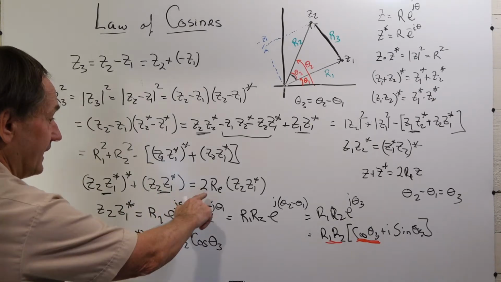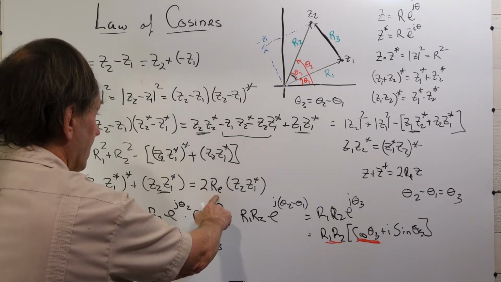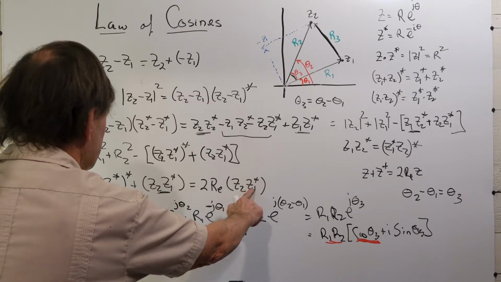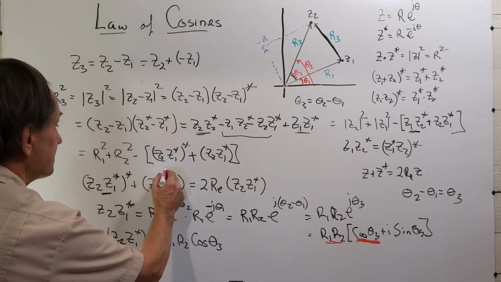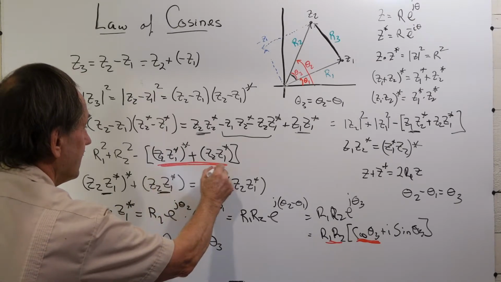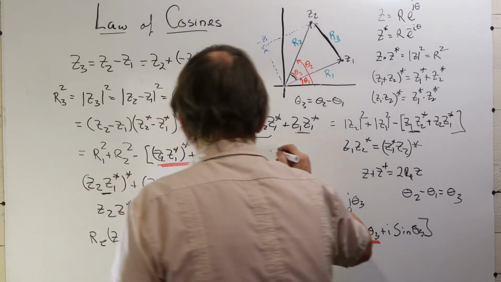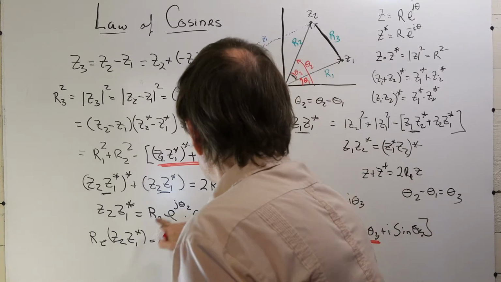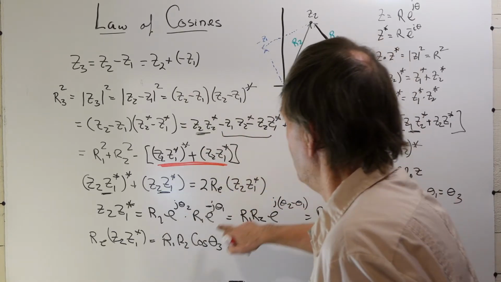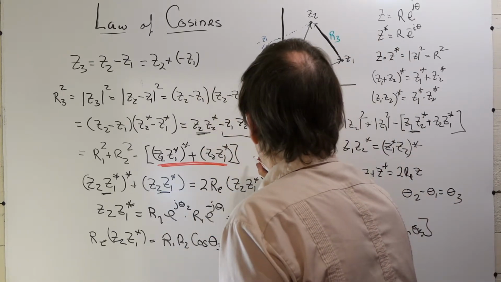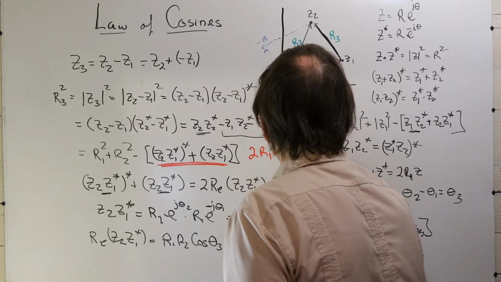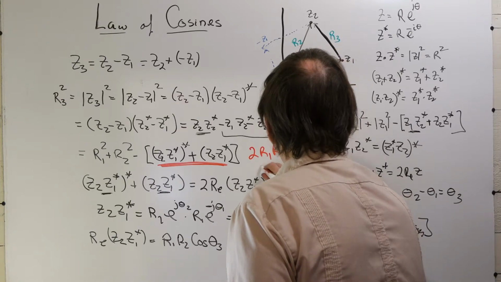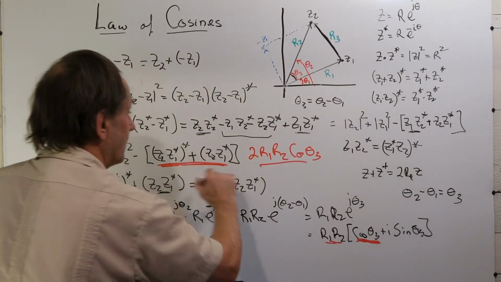So we can write now twice the real part of Z2 Z1 conjugate is this expression here. And this expression is twice the real part, or 2 times R1, R2 times the cosine of theta 3. That is this portion right here.